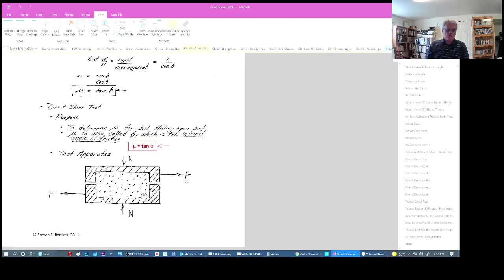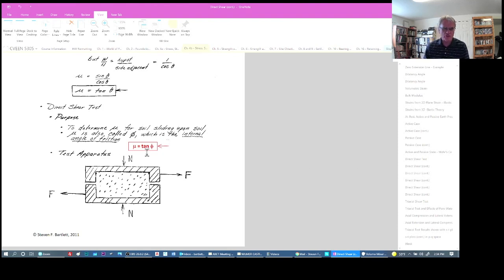With that same analogy, we'll look at a direct shear box. I've drawn the sand in the shear box using dots. Then there is the upper half of a rigid box and the lower half of a rigid box, which are metal. We have F pulling in the horizontal direction, and a normal force acting downward.